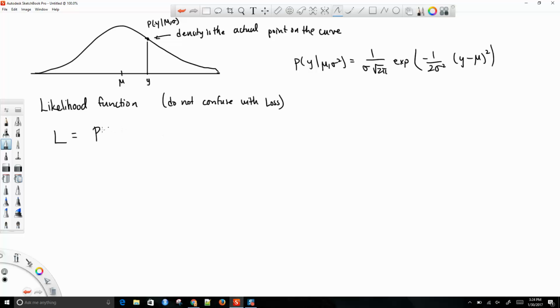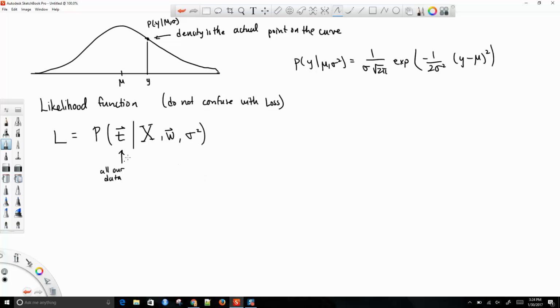Okay, and so the likelihood function would be the probability of our data, right? So this is all of our data, as a function given our X matrix and our W estimates.